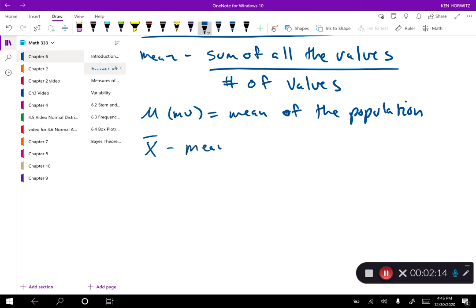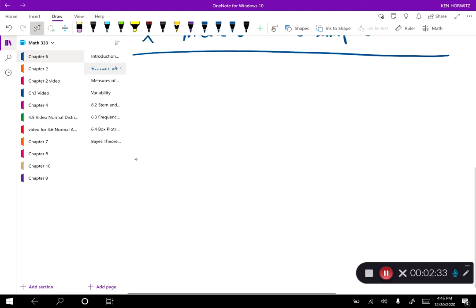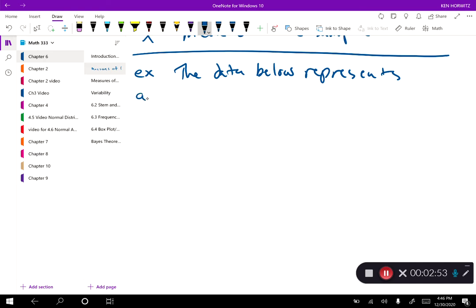All right, let's do a quick example. The data represents a sample of flight prices to Cancun.